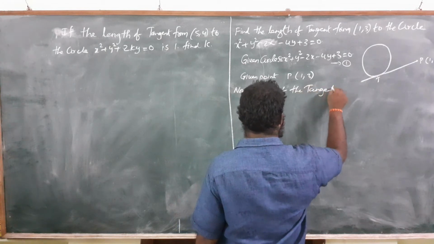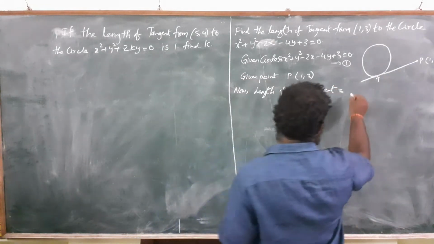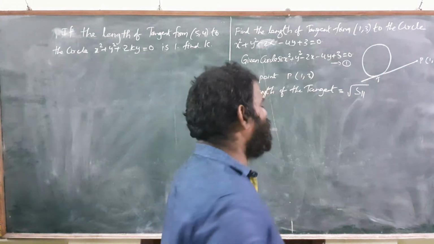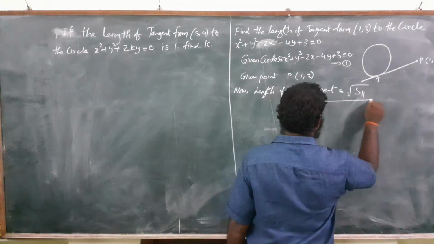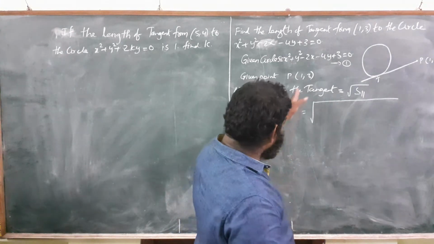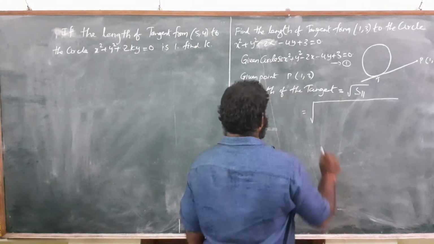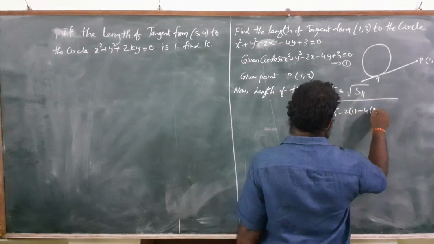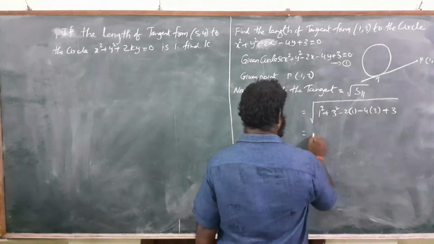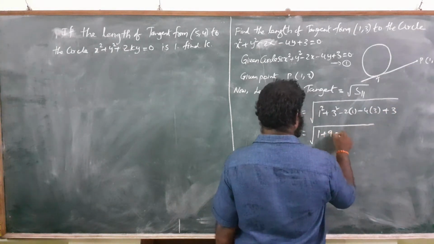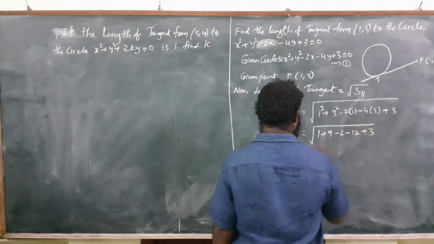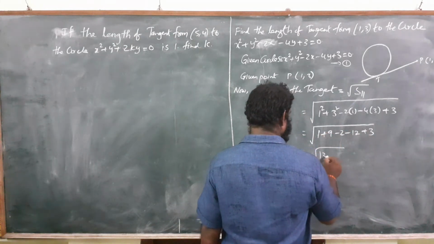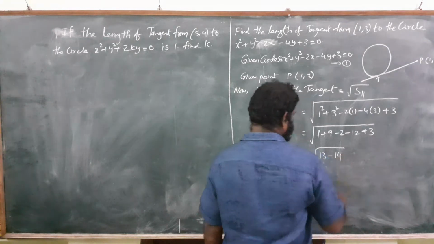The formula is root S11. So this is equal to root of S11. S11 means you substitute this point in this circle. So 1 square plus 3 square minus 2 into 1 minus 4 into 3 plus 3. Root of 1 plus 9 minus 2 minus 12 plus 3.